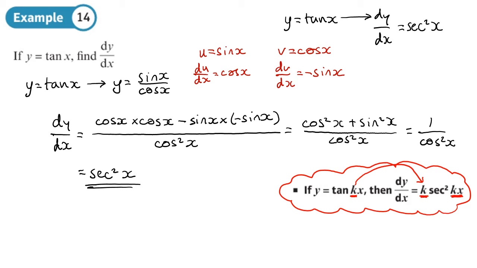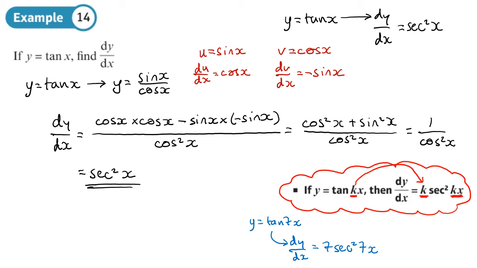Yeah, so if I was differentiating, for example, y equals tan 7x, then dy/dx would be 7 sec squared 7x, and this applies to all of the trig functions.